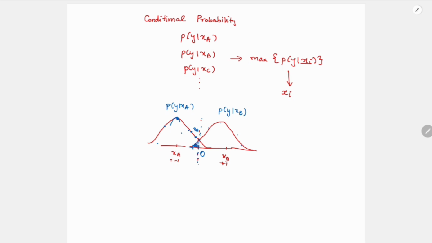That is my error, so I need to find the area under this. Plus, when XA is transmitted and I am classifying it as XB, that is also an error, which is this region. These two errors will give me the probability of error. This is for the case of Gaussian distribution.